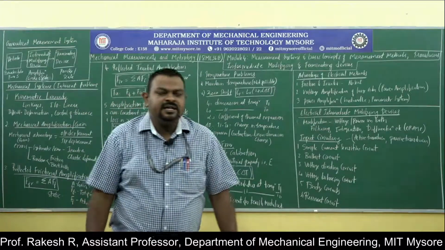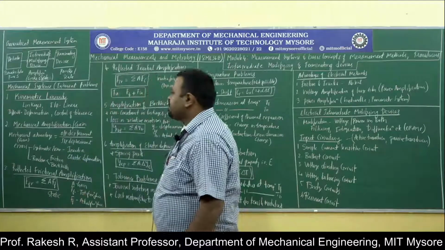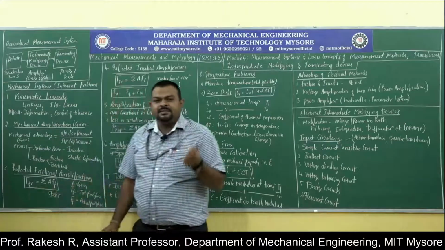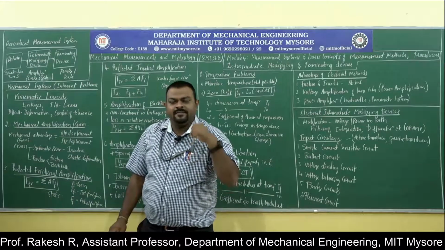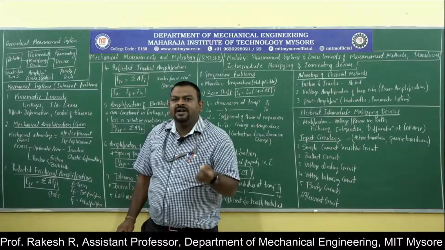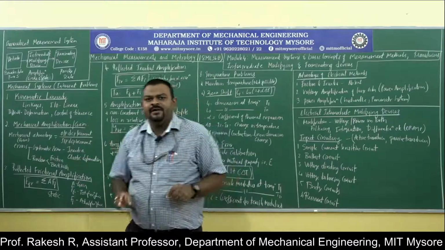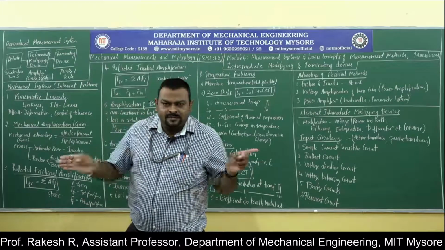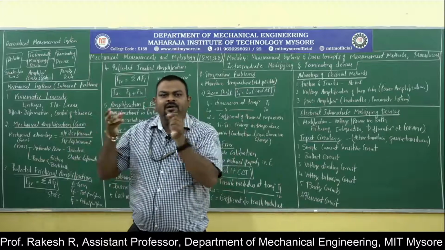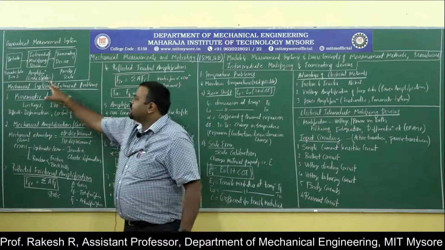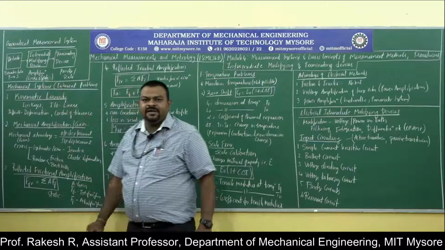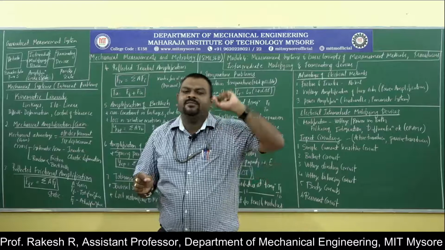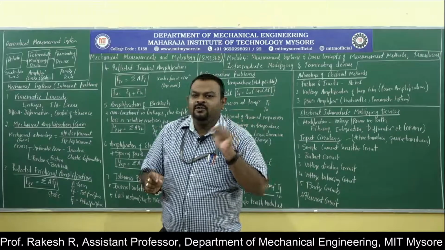Let us take what an intermediate modifying device is. Already I said that in intermediate modifying devices, the primary signal sensed from the transducer is amplified or attenuated or modified, or sometimes it is added or subtracted, multiplied or divided, etc. These things are done in intermediate modifying devices, and we modify the sensed signal from the detector according to the output.